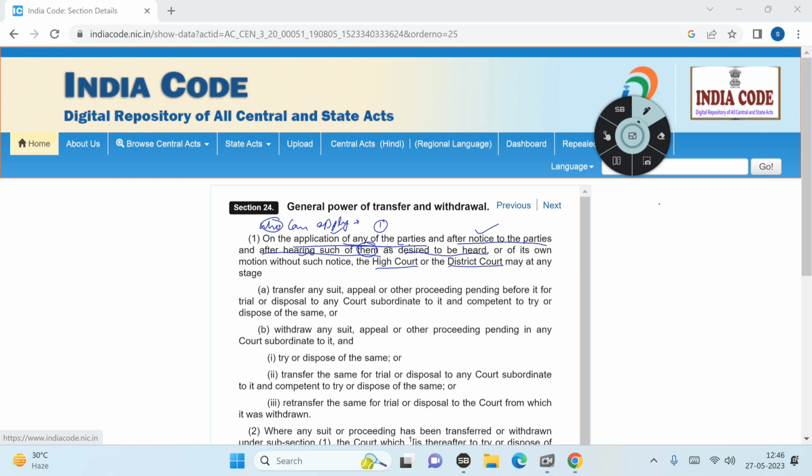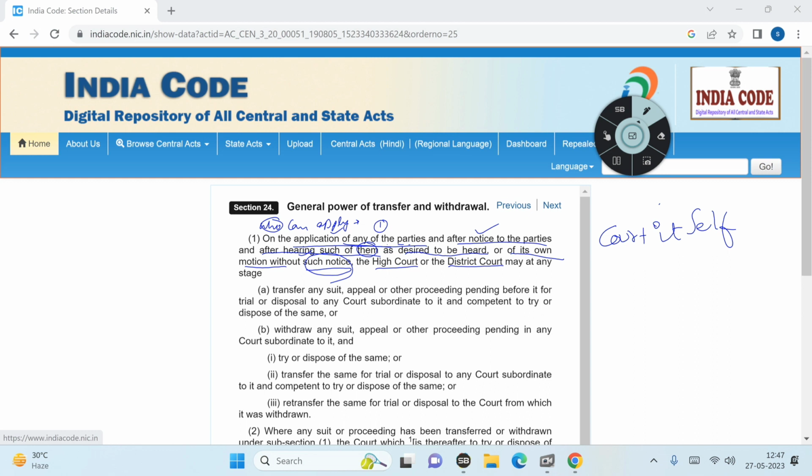The second option is of its own motion. Own motion means the court itself can transfer. So here, without such notice. If it is suo motu, no notice.